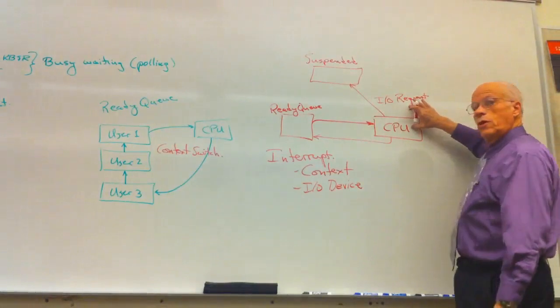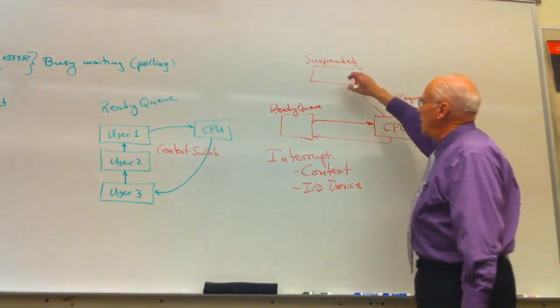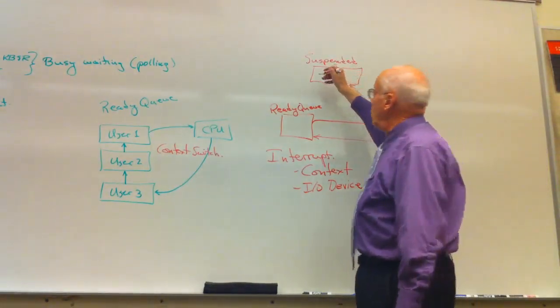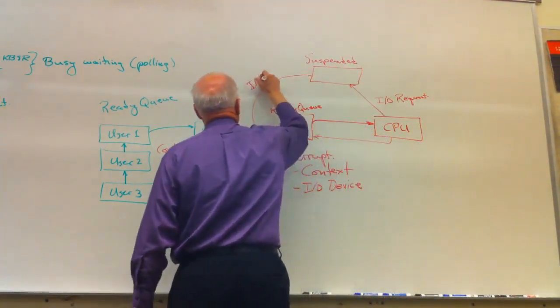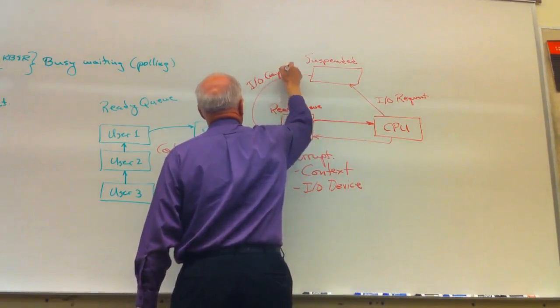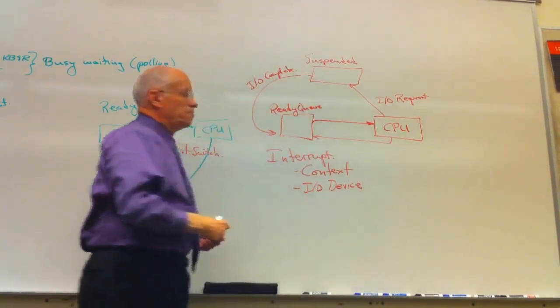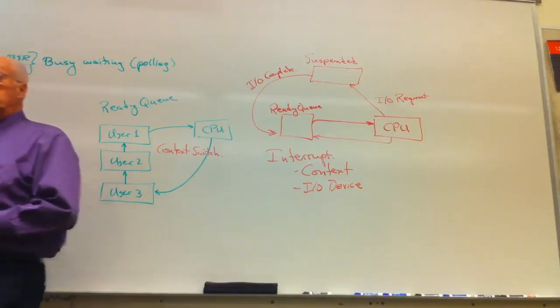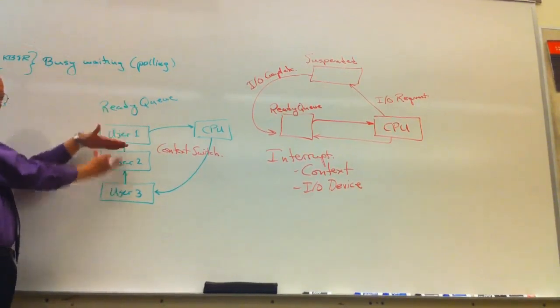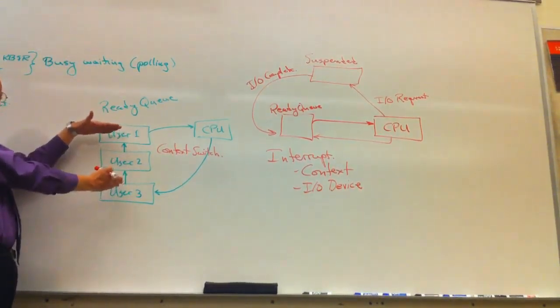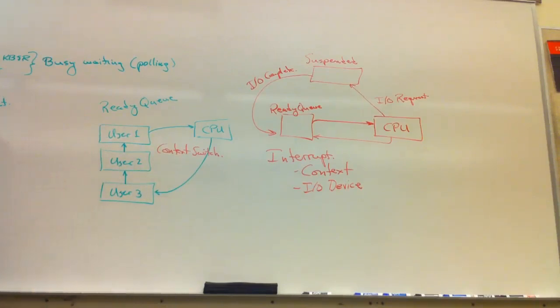So when you make the I/O request, it comes through here. You get suspended. When the I/O is complete, it'll put you back in the ready queue. So all the time that you're waiting for that I/O, you're not competing with these other people for the resources of the system.